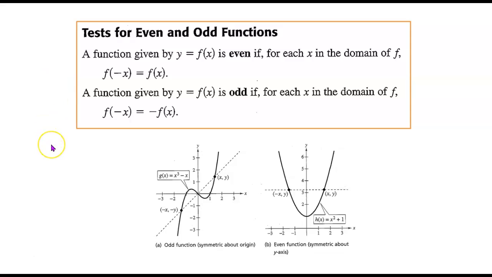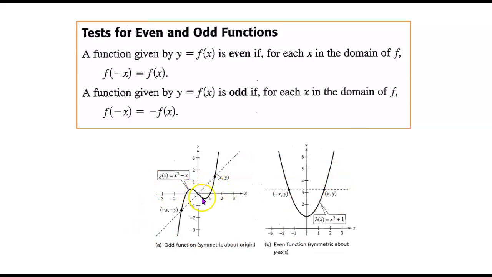Now, how does that relate to the graph? Well, an even function is always going to have a graph that is symmetric about the y-axis. That's because when x is a positive number, you get a certain y-coordinate to go with that. When x is a negative number, you get the exact same y-coordinate to go with that.